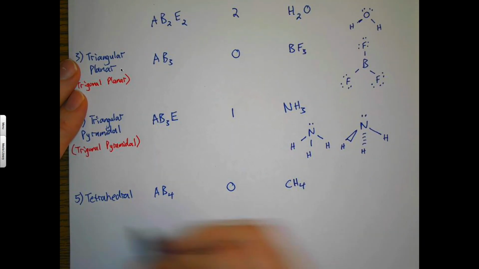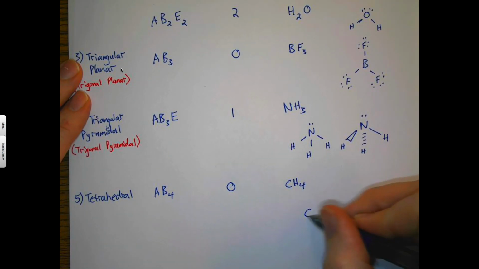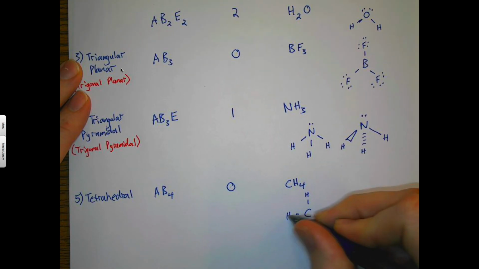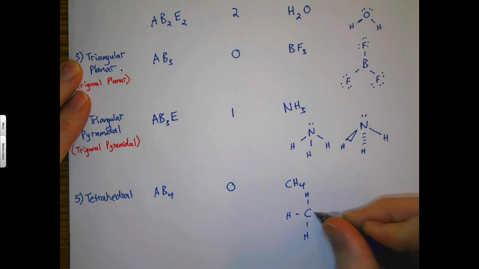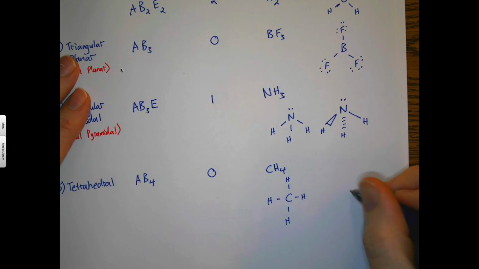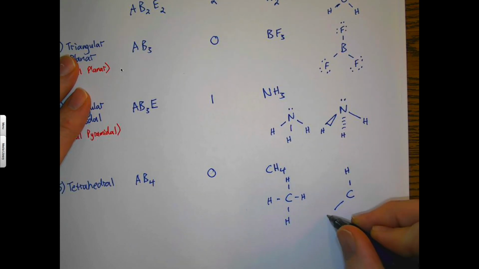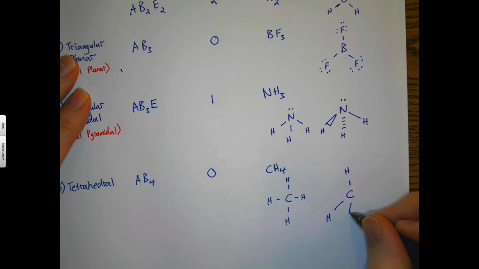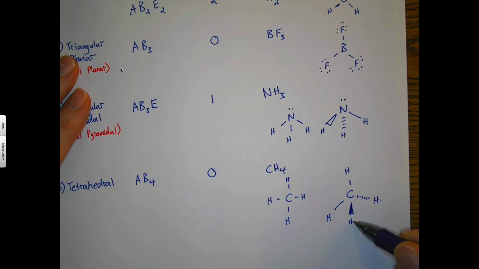And then the tetrahedral one, I'll draw the normal one. We have C. A lot of people like to draw this. However, to get the shape just right, you would want to draw a hydrogen on top, and then a hydrogen here, and then a hydrogen as a wedge, and then a hydrogen as a dash, because that hydrogen is going away from you, and this hydrogen is coming towards you.